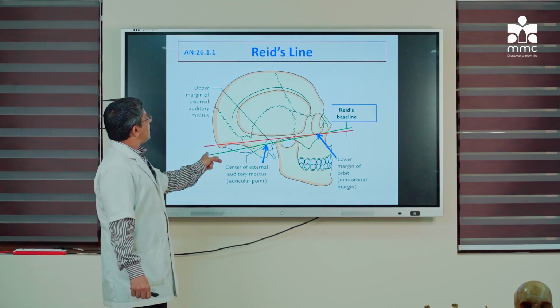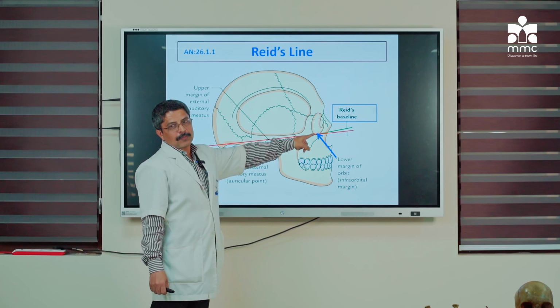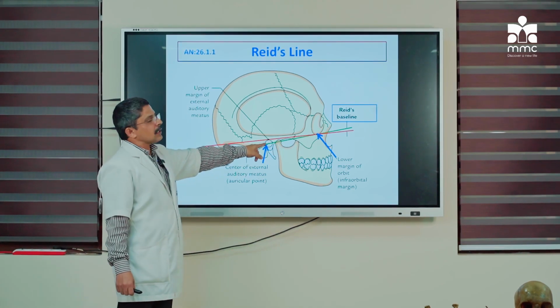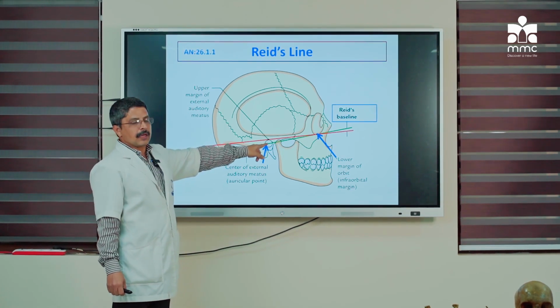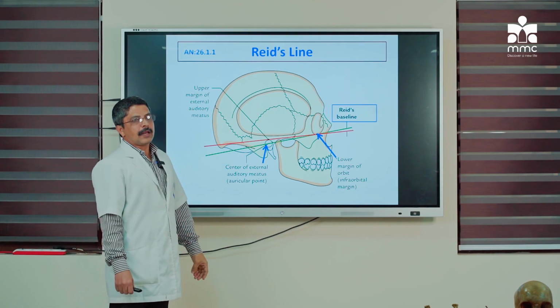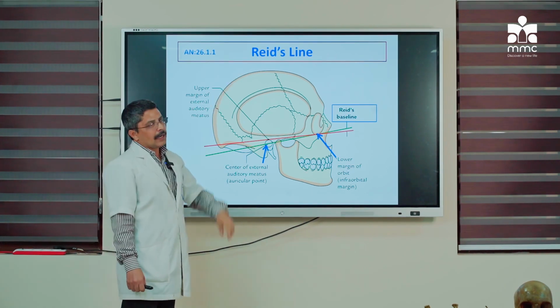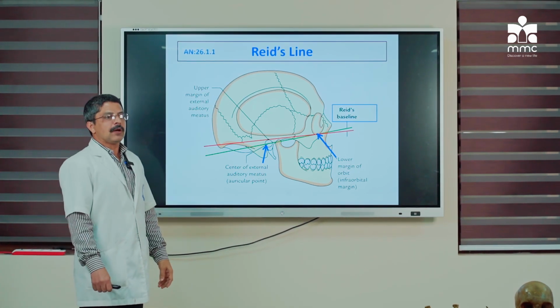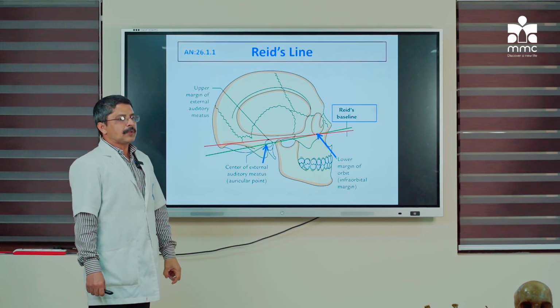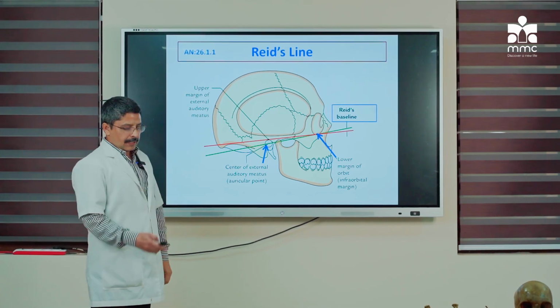That horizontal line passing anteriorly through the infraorbital margin and posteriorly through the center of the external acoustic meatus determines the anatomical position of the skull, and it is called Reid's line. So these are the two lines we have to keep in mind to determine the anatomical position of the skull.